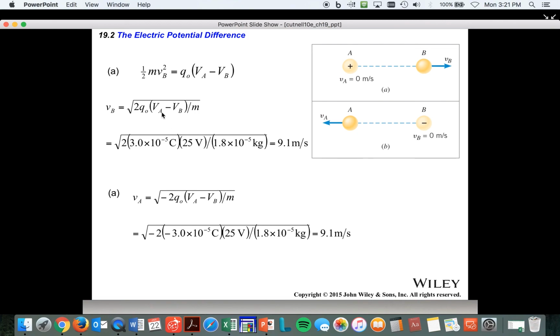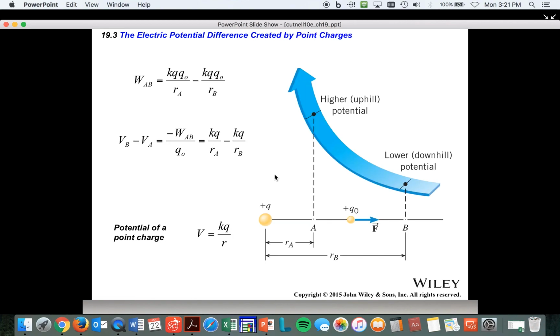Oh, well, they're just going V_A to V_B. I didn't like that so much. I liked my explanation better because I like going x final minus x initial, but that's okay. It goes from A to B, 25 minus V_B. That's the way they want to subtract the voltage, and it works okay. All right, so we'll stop there. It's a good place to stop.